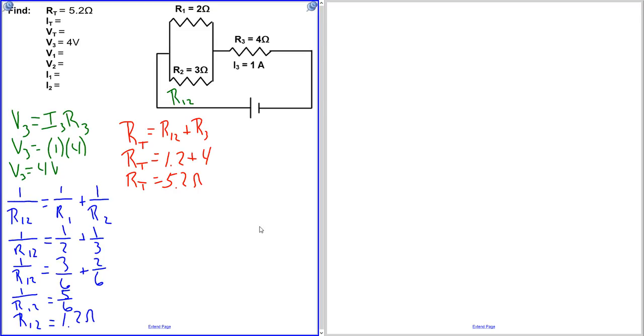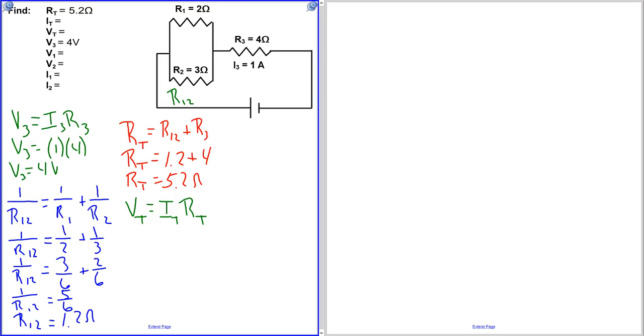So to find my total voltage, I have total voltage equals I total times R total. But if I look up at my list of givens and my list of knowns or things I did figure out, I realized I didn't find my total current yet.